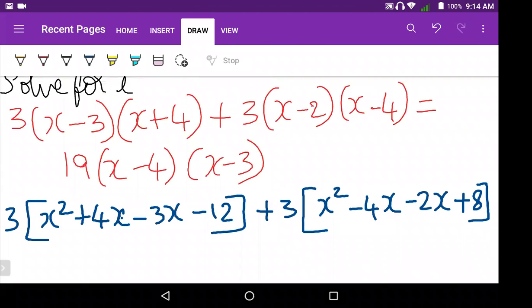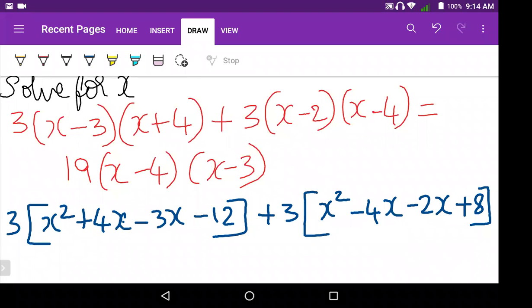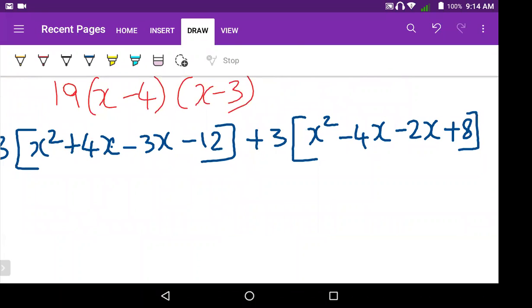Now if you see here, 3 into x minus 3 into x plus 4, we have got the expression below, and then 3 into x minus 2 into x minus 4, we have got the expression. Now let us go on to the RHS, that is right hand side, and we will solve this 19 into x minus 4 into x minus 3.